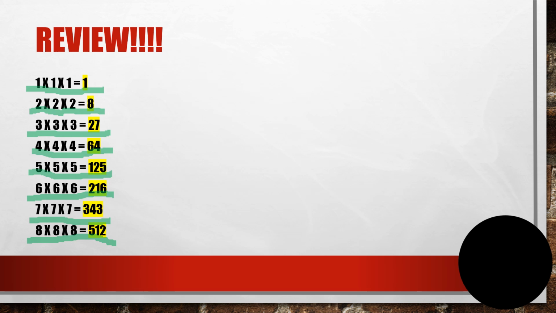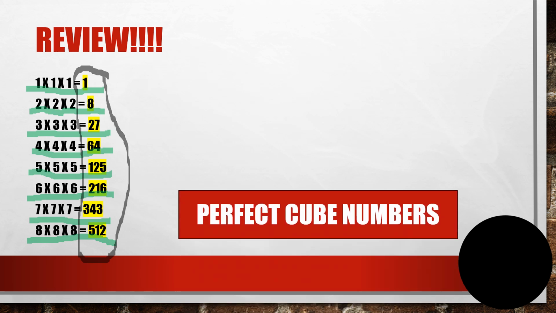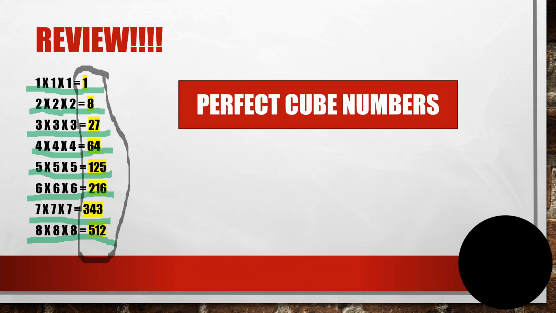Now, these numbers 1, 8, 27, 64, 125, 216, and so on and so forth, we call perfect cube numbers. Now, what do you mean by perfect cube numbers?